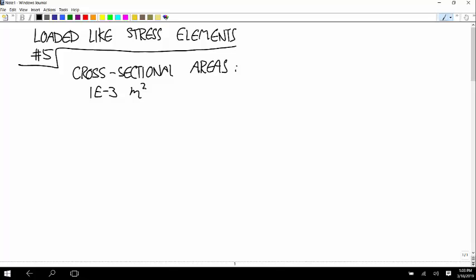Okay, so I want to skip questions today just so we can get through enough material that you can do all the beam internal load problems. So back to internal loads and beams.